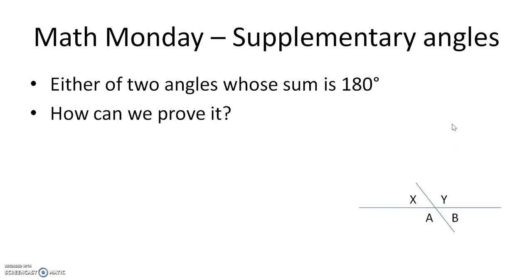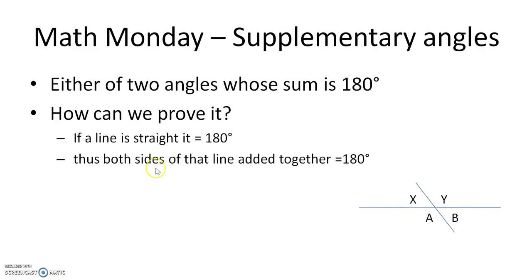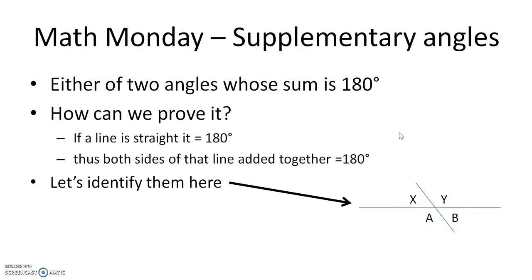Well, the way we can prove it is that if a straight line is 180 degrees, then both sides of that line add up to 180. So we know that Y plus X equals 180. So which angles are supplementary? Let's see.